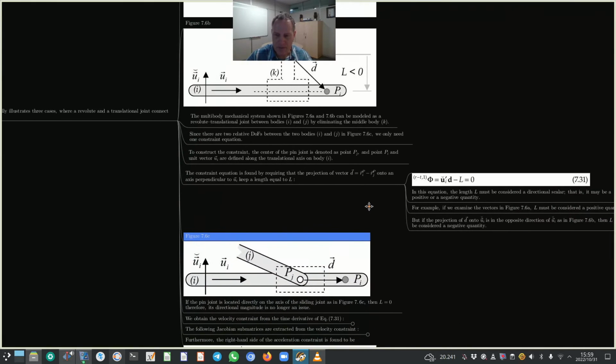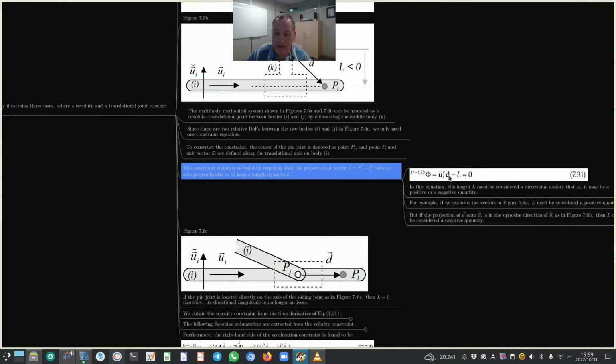So in other words, the mathematical expression or the algebraic vector expression for this condition that we just spoke about is shown here in equation 731, where once again we have this rotated function.